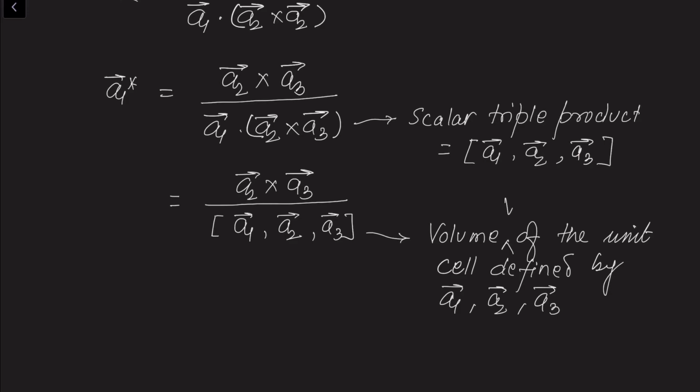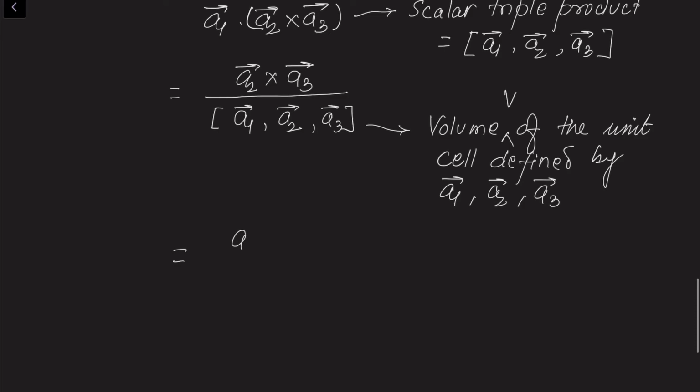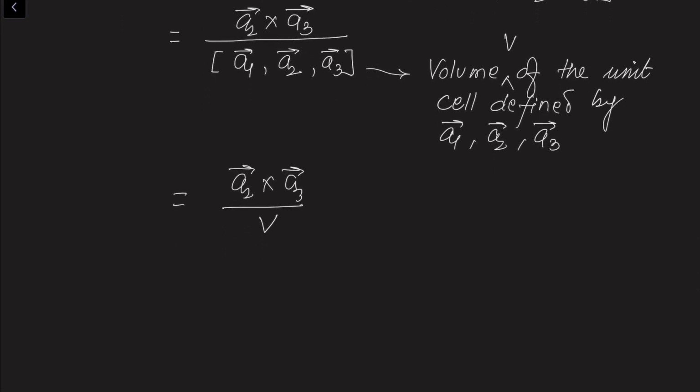This is the volume V. So you can write this also as A2 cross A3 by V. So finally our A1 star is simply A2 cross A3 by V.